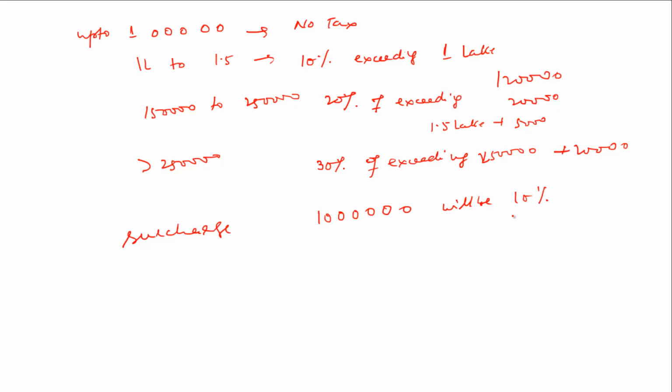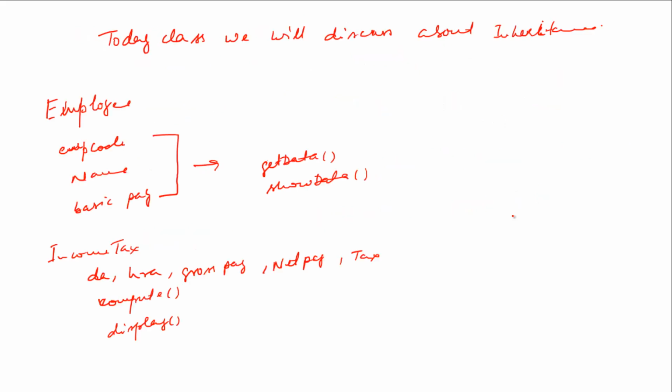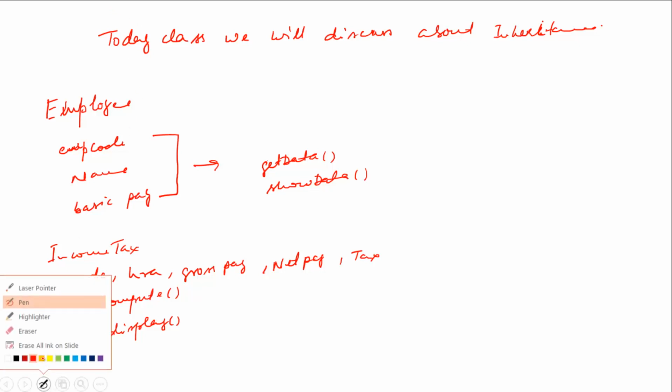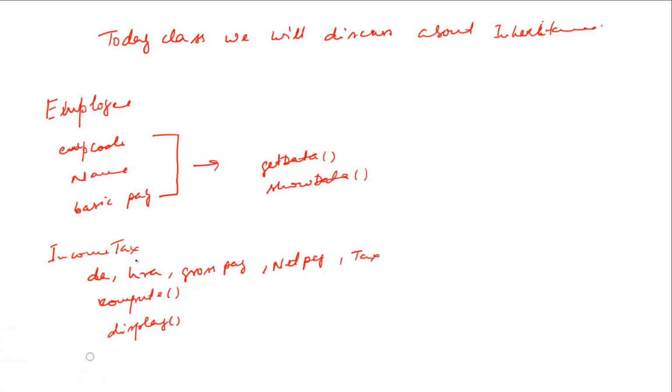Now again I am explaining this. There are two classes. One class is the Employee class, and in this Employee class these three instance variables, or member variables, are there, and these two member methods are there.